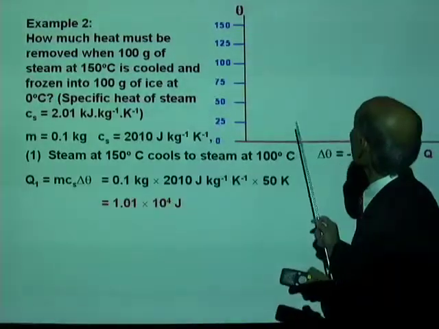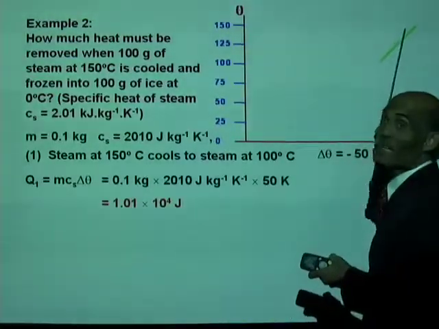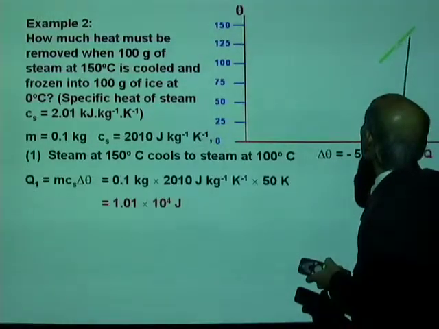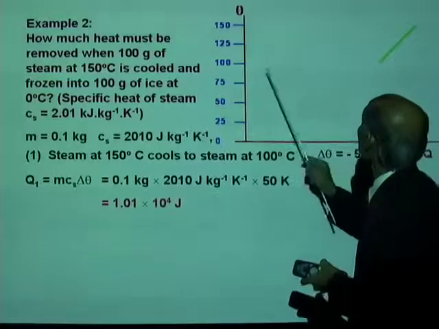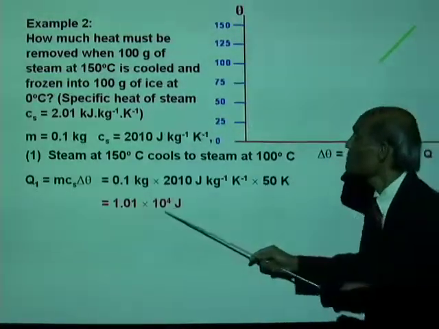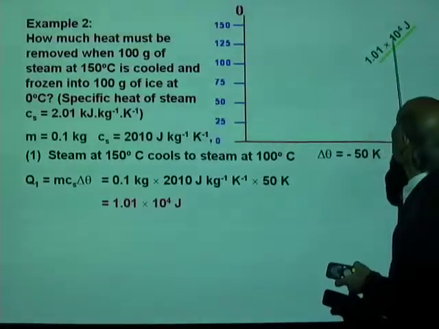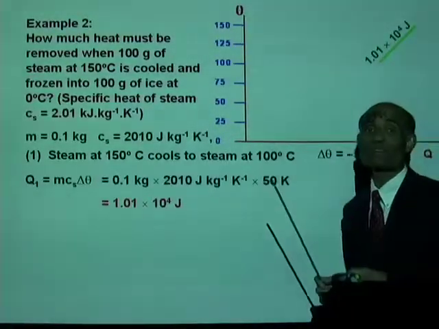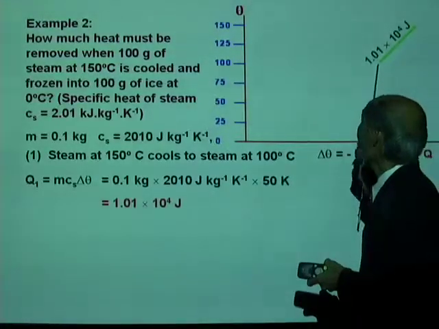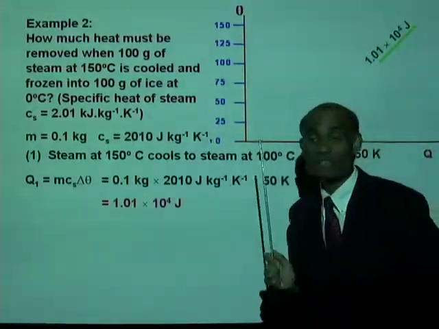And if we do that on a graph, we start here at 150 degrees Celsius. The steam cools down to 100 degrees Celsius, losing this much amount of heat, 1.01 times 10 to the power 4 joules. Alright, now steam is at 100 degrees Celsius.